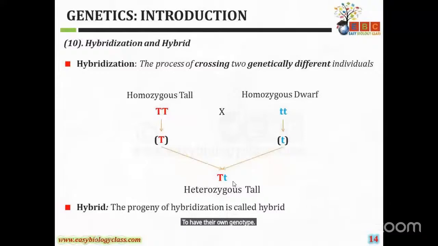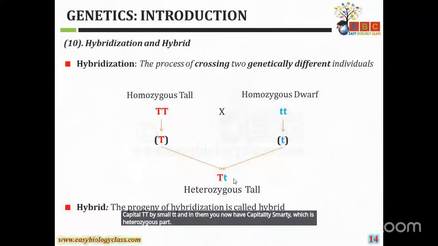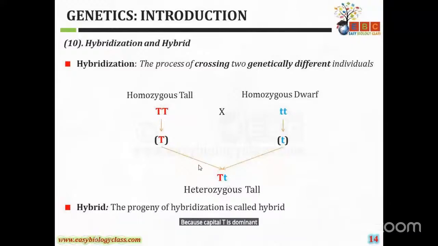You will see that their genotype is different from either of their parents. Capital TT by small tt. And in them, you now have capital T small t, which is heterozygous tall, because capital T is dominant over small t. So they are the hybrid.